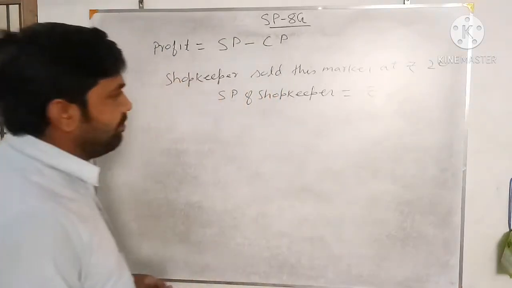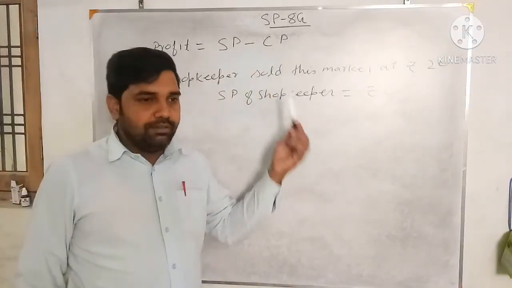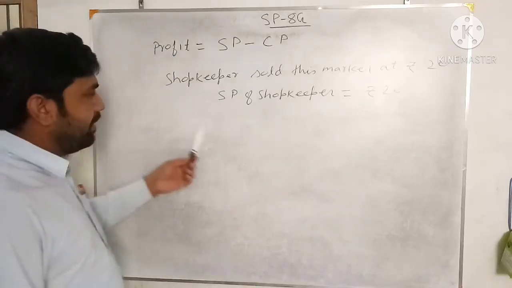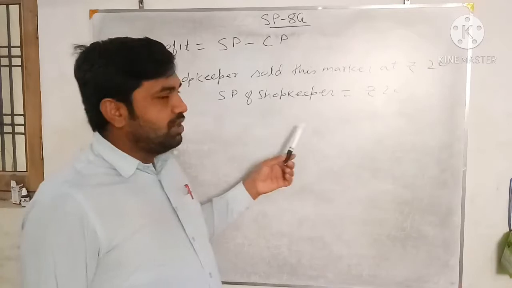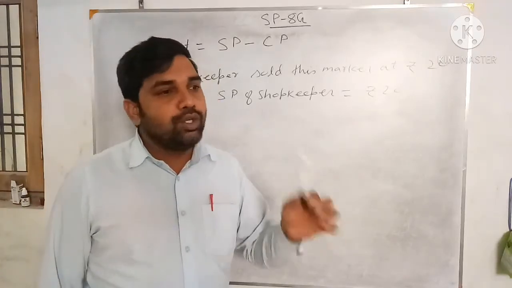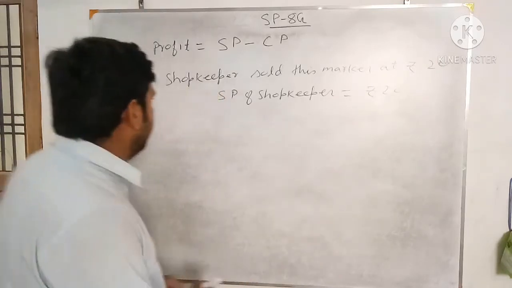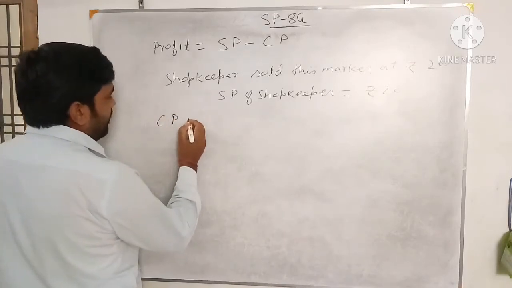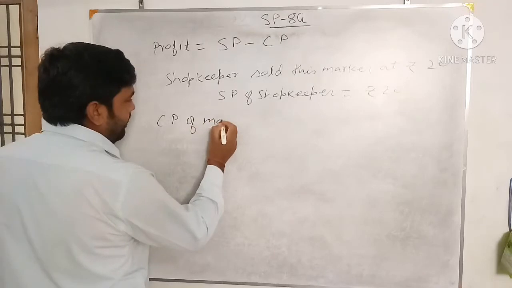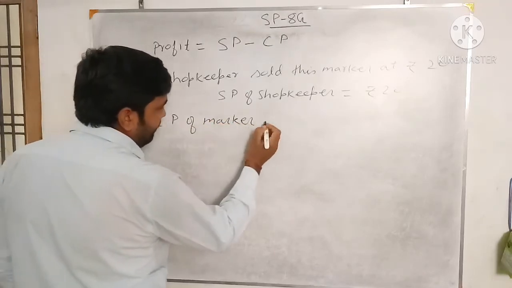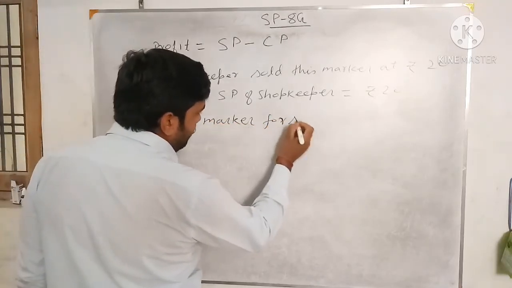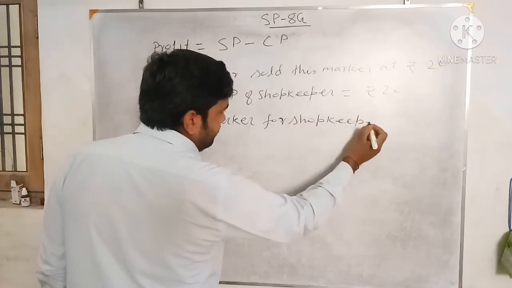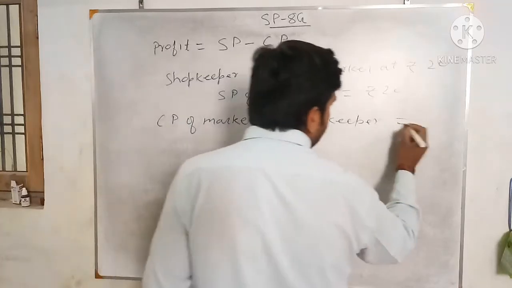Now the shopkeeper has bought this marker from some other merchant, from the dealer, or from the wholesaler. So the cost price of the marker for the shopkeeper is rupees 15.